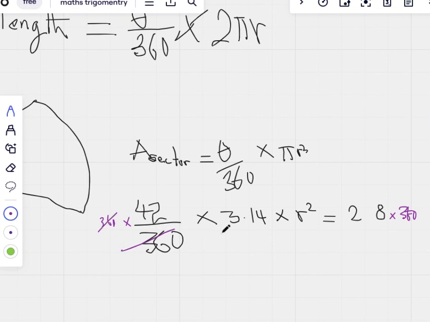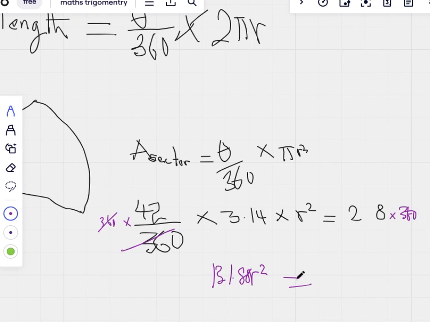So we say 42 multiplied by 3.14. What do we get? 131.88. You say 132 approximately. r squared equal to 28 times 360.